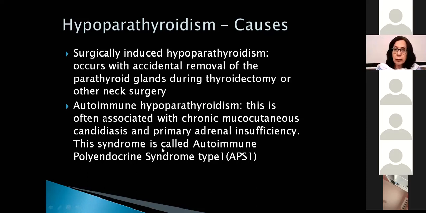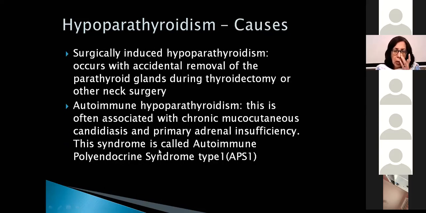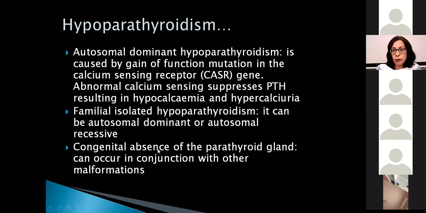Then autosomal dominant hypoparathyroidism. This is caused by gain of function mutation in the calcium sensing receptor gene. In hyperparathyroidism, there was a loss of function mutation. Now, this is a gain of function mutation.